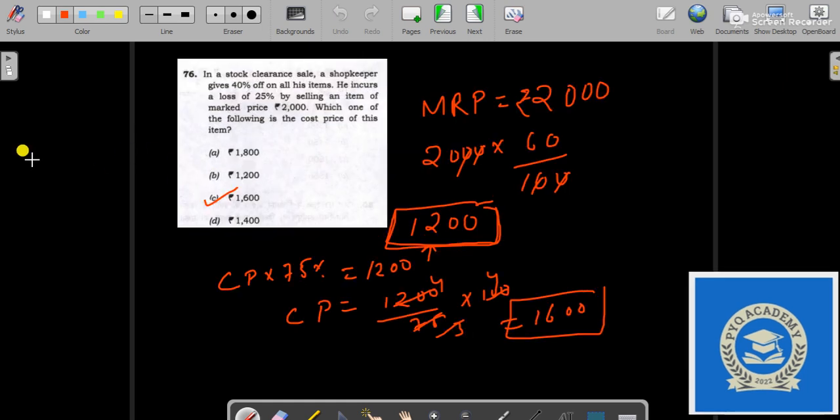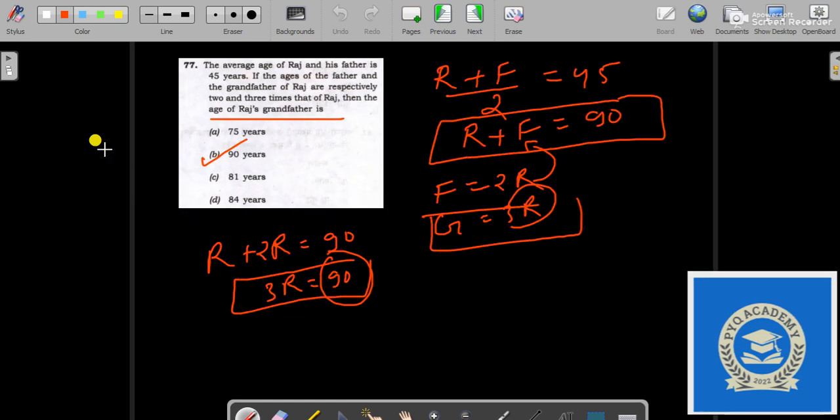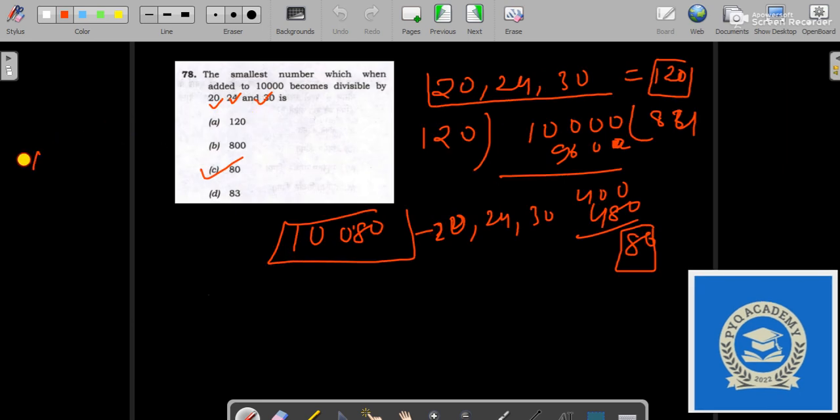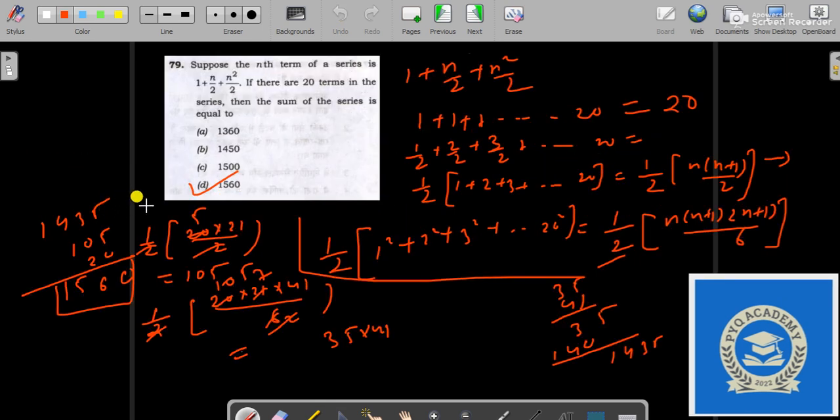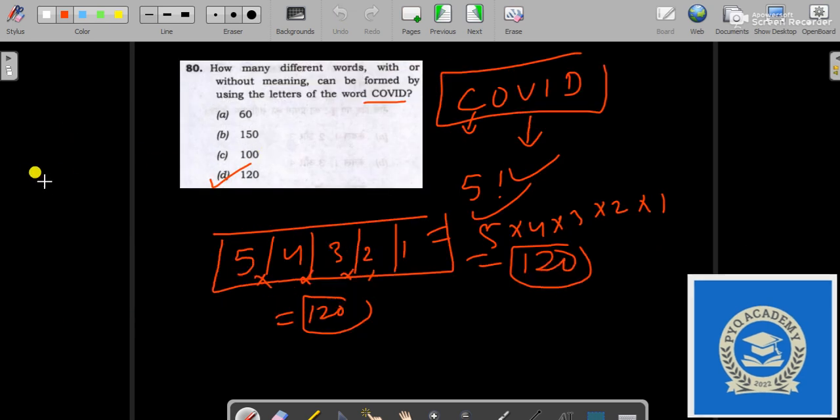Then you will get this is profit and loss, and this is age, and this is number system. Then LCM HCF. Then this is number system. Then this is PNC, permutation and combination.